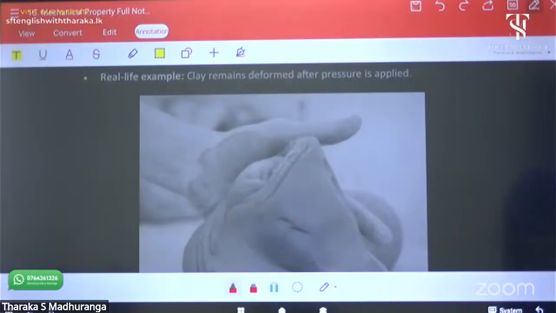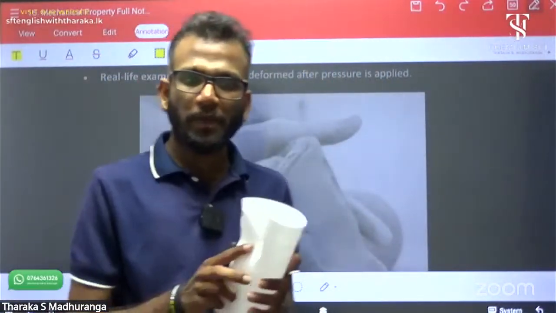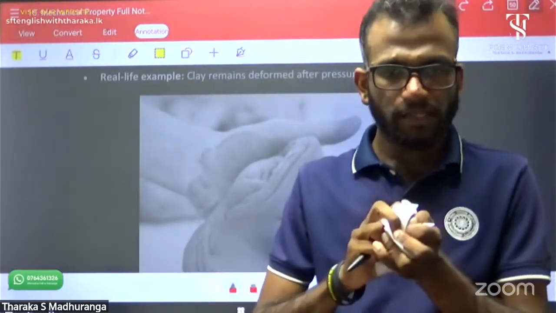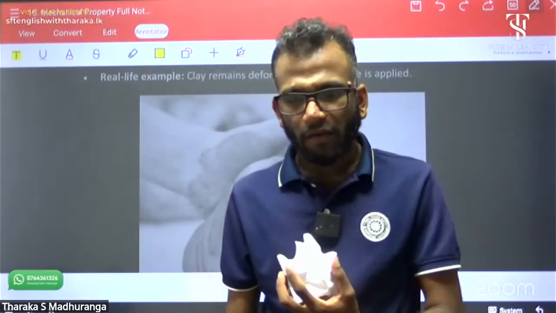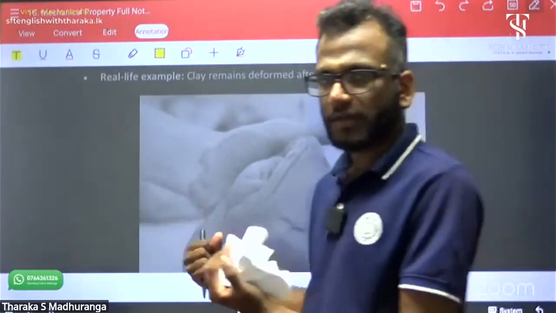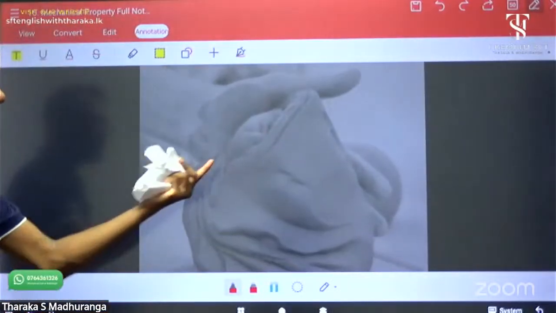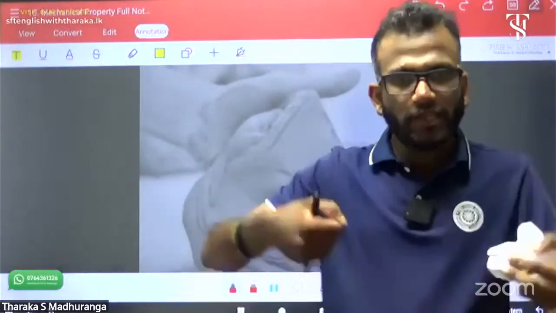Now it's a paper, right? Now I am going to bend this paper and release. Does it come to its original position? No. That's the meaning of inelasticity. Let's take a piece of clay. I'm going to bend this. Does it come to its original position?